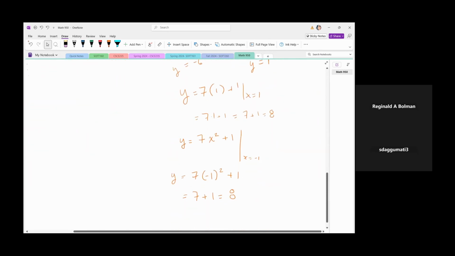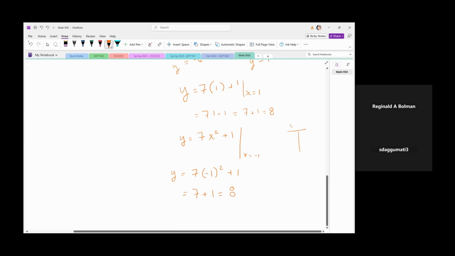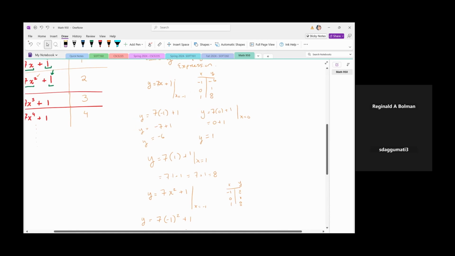So for this second equation, we have our table, but here we get a +8 for the first value, -1. And indeed, if we plugged in 1 into this equation, 7 times 1 squared plus 1 would also give us a +8. If I plugged in a 0 for that equation, 0 squared is 0, 0 times 7 is 0, 0 plus 1 gives me 1. So I would have this specific behavior that emerges.